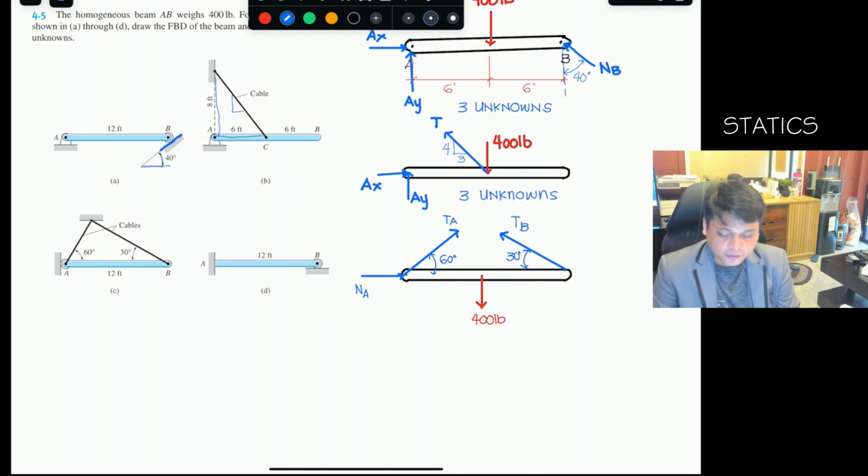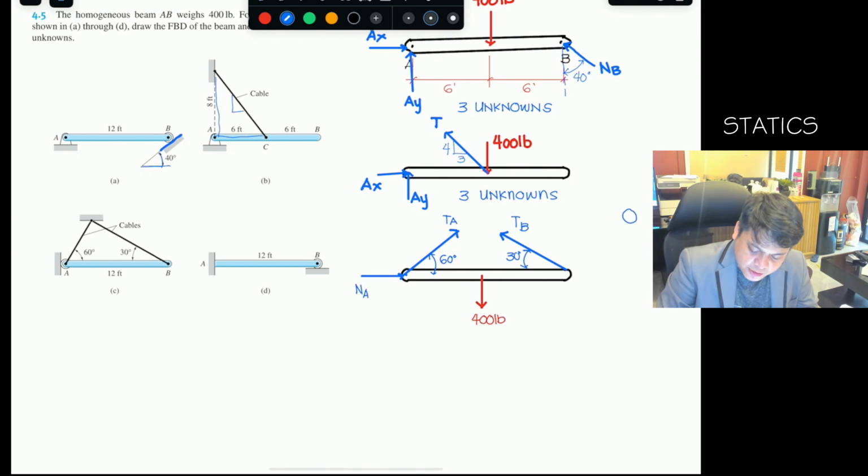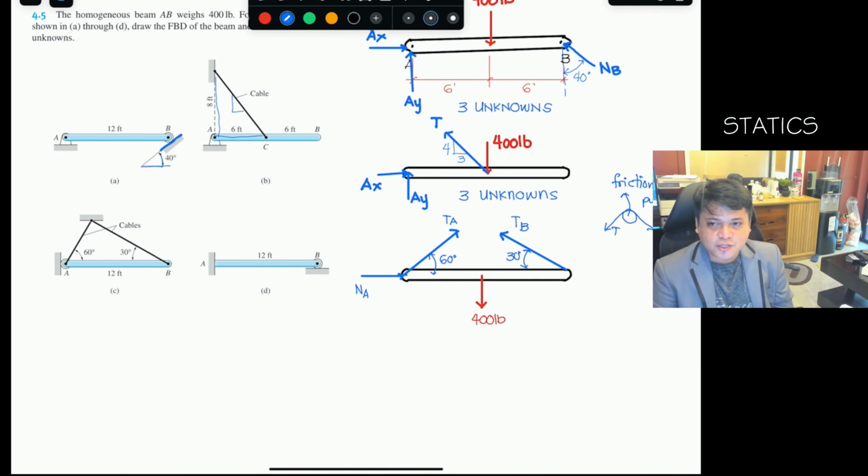Okay, there are times na si TA and TB, kapag po yung pinaka-cable nyo, for example, okay, gumanyan na, no? Tapos sinabi po ito is frictionless pulley. Frictionless pulley. Yung T mo po dito is also equal sa T mo doon. Okay? Pero pag wala pong sinabi, kagaya po dito sa problem, okay?